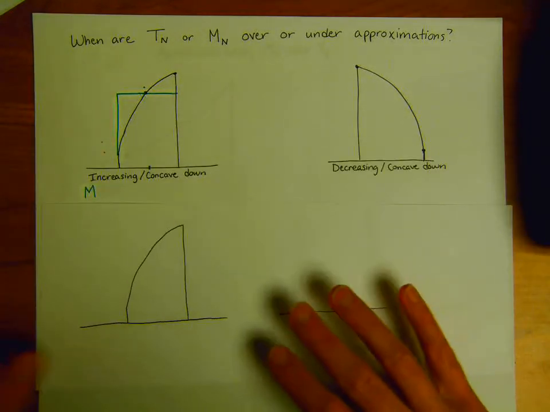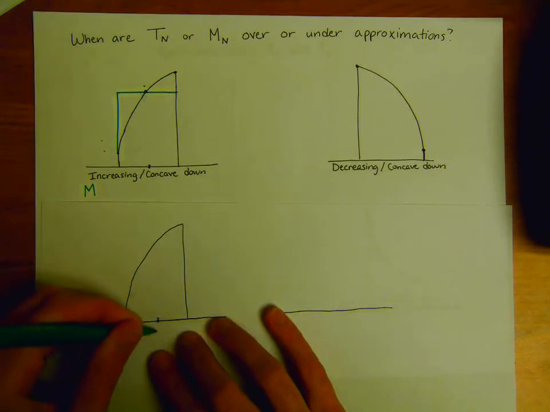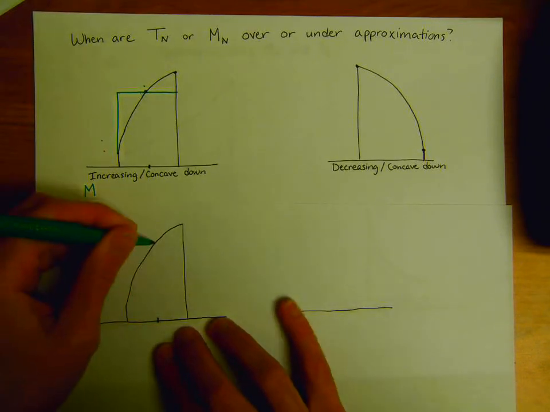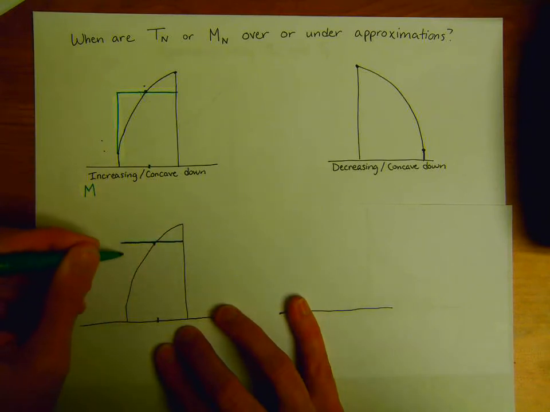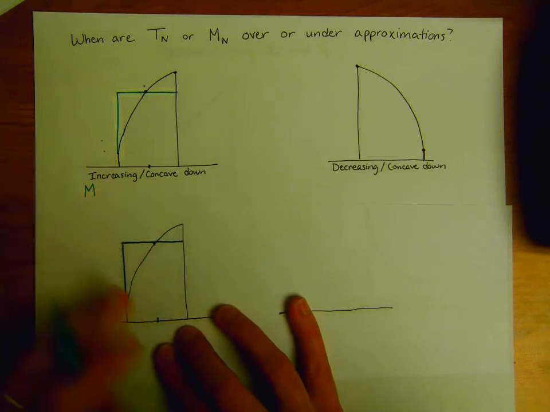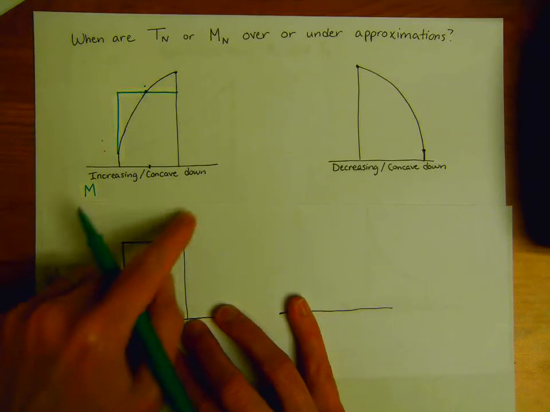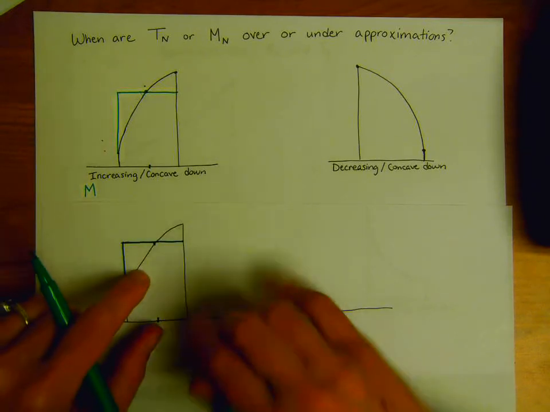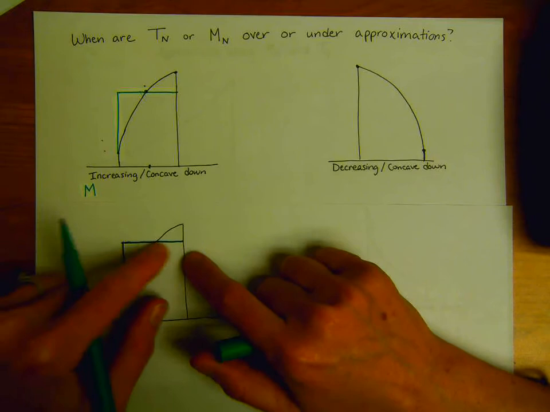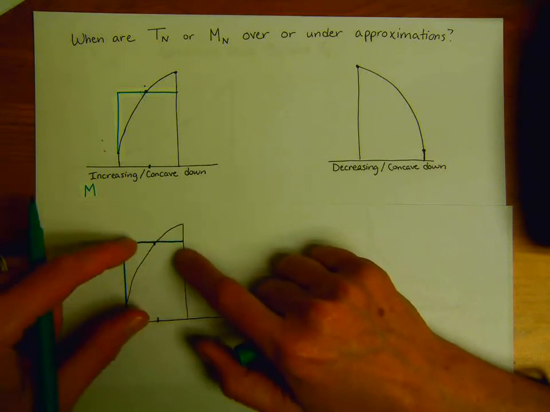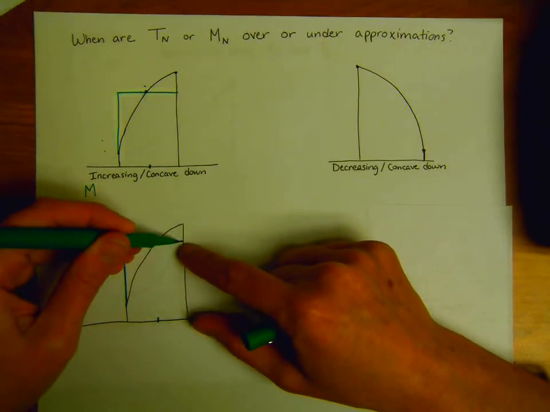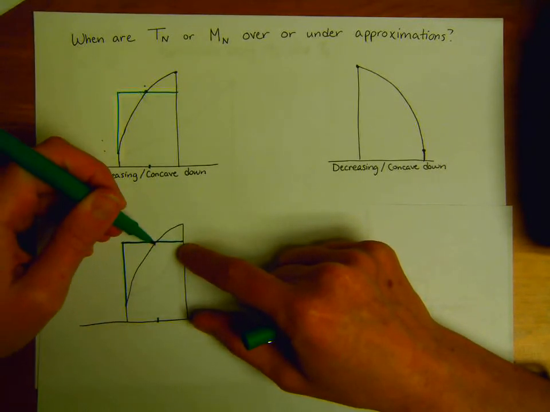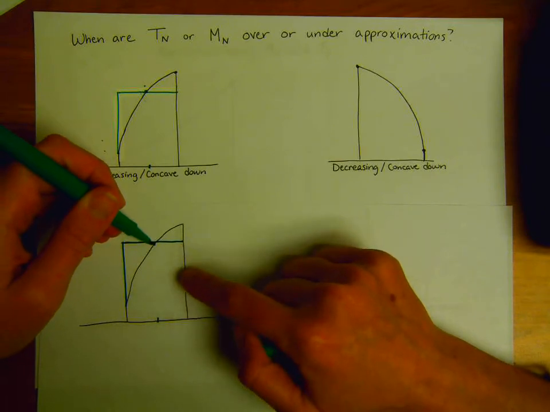Here I'm going to redraw this picture down here. So if this is my midpoint extending up to the function, instead of writing this as a rectangle to approximate the area of this region, we can rewrite this to have the exact same area as the midpoint approximation, but instead of having a flat top, I'm going to rewrite it to have a trapezoidal top.